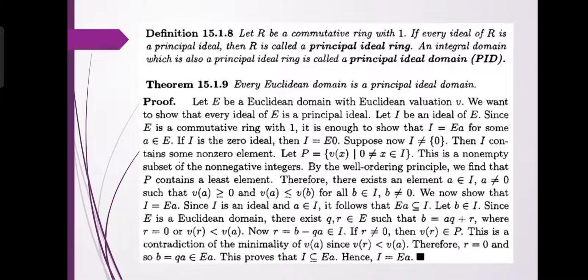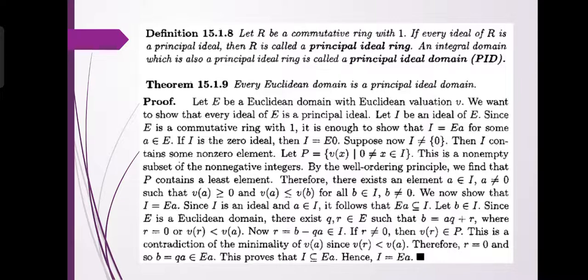Let B belong to I. Since E is a Euclidean domain, there exist Q, R belonging to E such that B is equal to AQ plus R, where R is equal to 0 or V(R) is less than V(A).